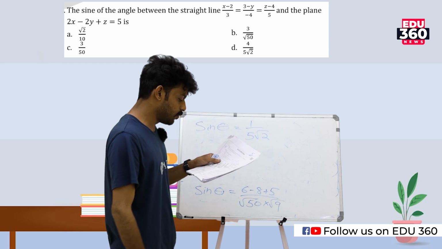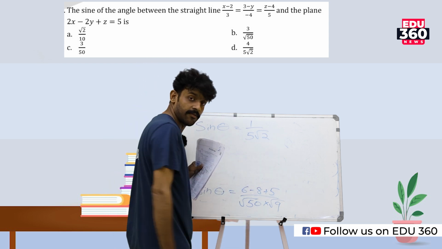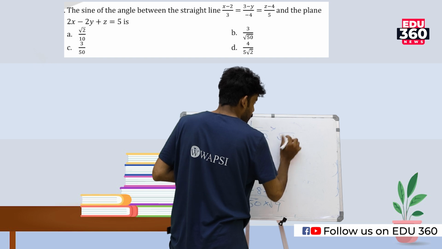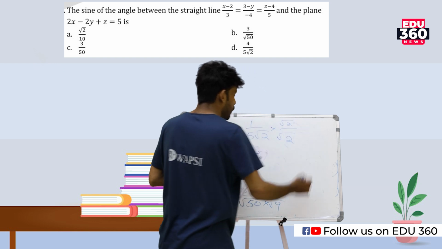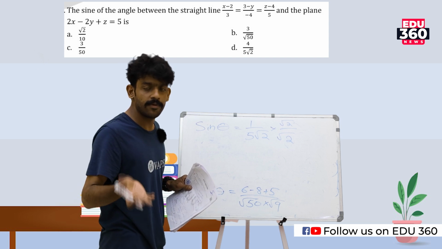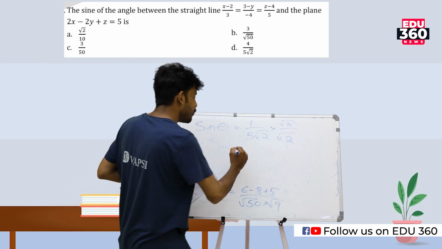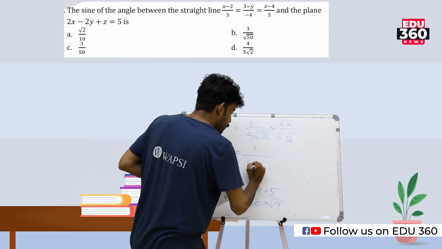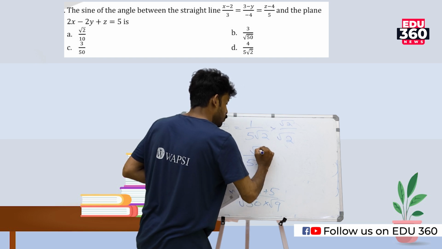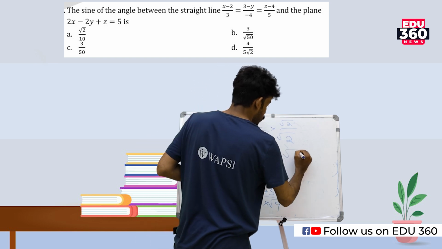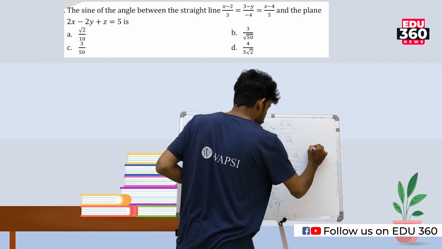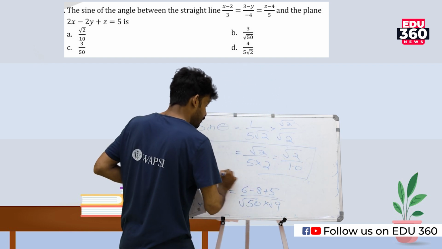Hereafter we can remove this root 2 by multiplying the numerator and denominator by root 2. So it will become 5 into 2, because root 2 into root 2 is 2. So that is equal to 1 by 5 into 2, and here the numerator is root 2. So that means root 2 divided by 10. So that is sine theta.